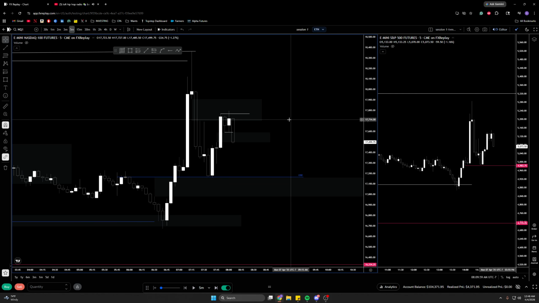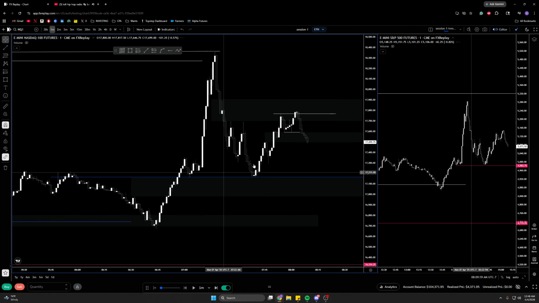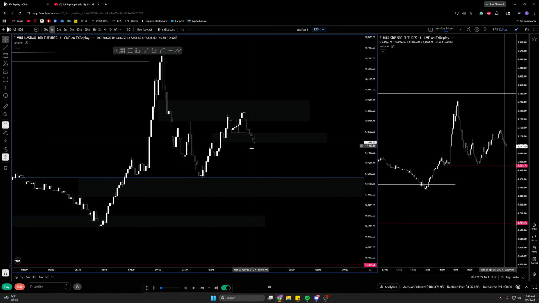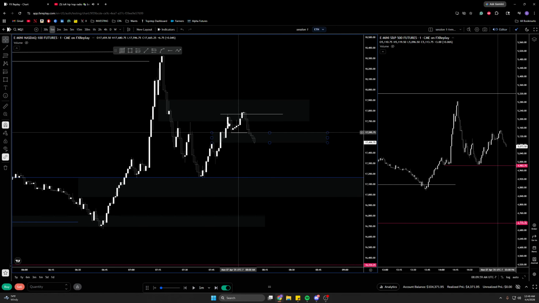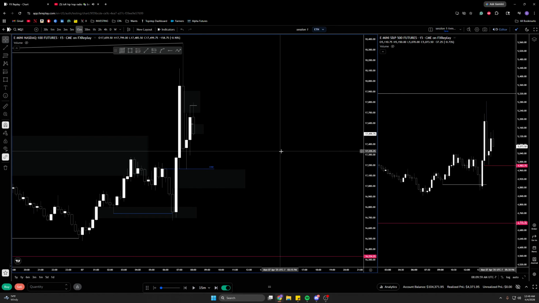Ideally, this is the 05 model though. Higher time frame gap, manipulation. After manipulation, you're looking for a trade. And I am liking how we are displacing through these lows here on the lower time frame. Hey yo, are these equal lows?